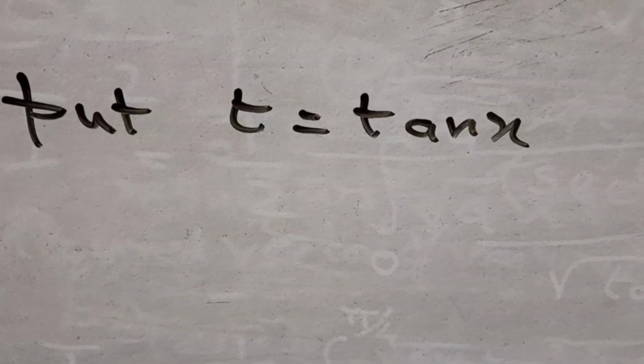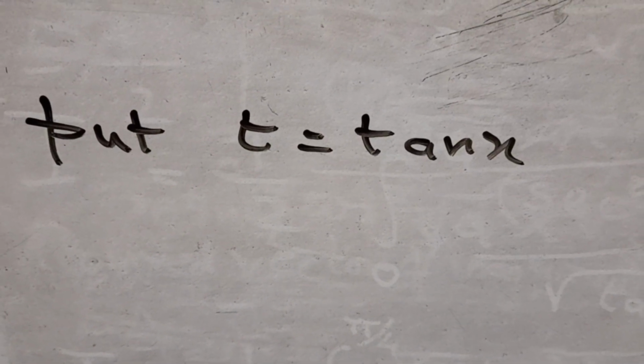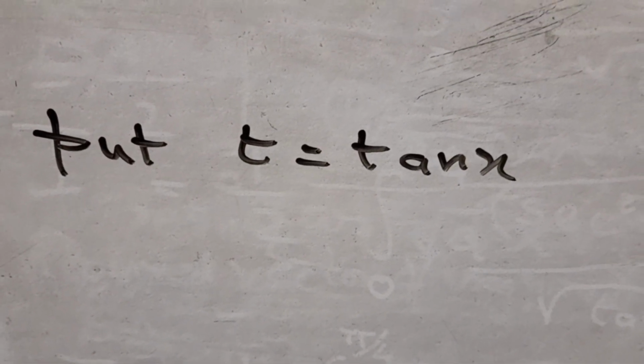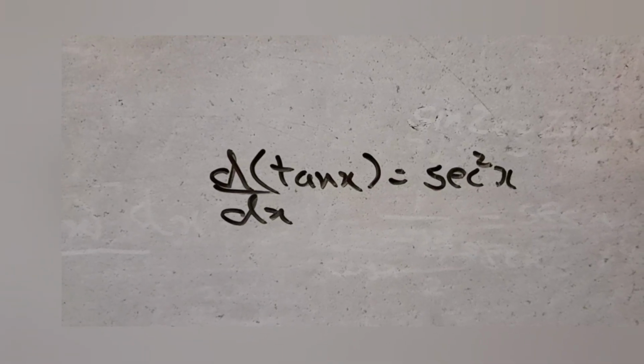Now start the substitution. Put t equal to tan x. So dt equal to sec square x dx. Also find the new limits.